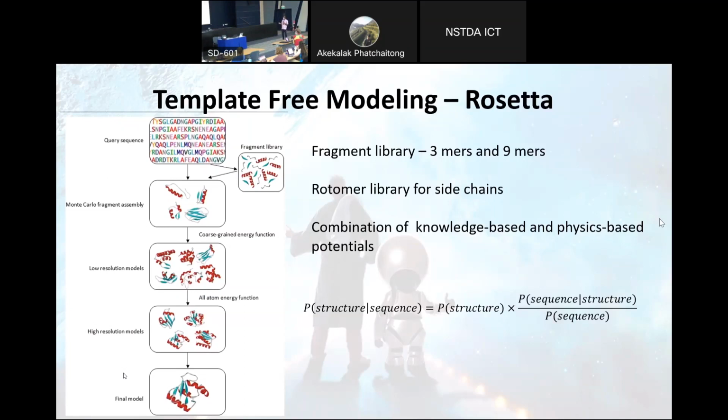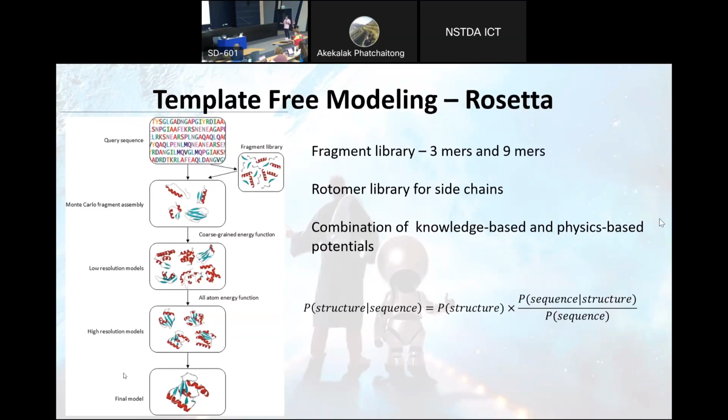So the most popular method of template-free modeling is Rosetta. It's from David Baker's lab at Washington University. There's a huge community. I think Michael, your advisor, is from that community too. They're doing lots of development.